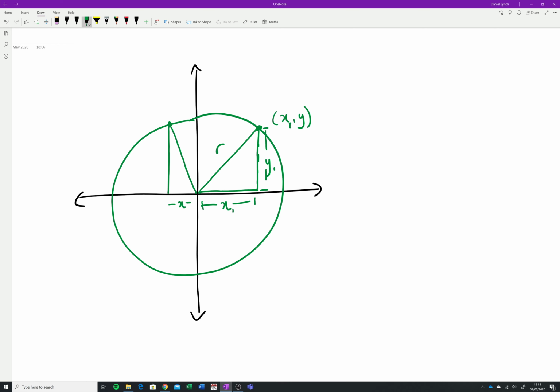If I were to make a second point, x2, y2, for instance, right here, there's the point. This length becomes x2, and this length becomes y2, and this is still the radius. And we've created the same shape twice, and in fact every point that you pick will create the same shape.